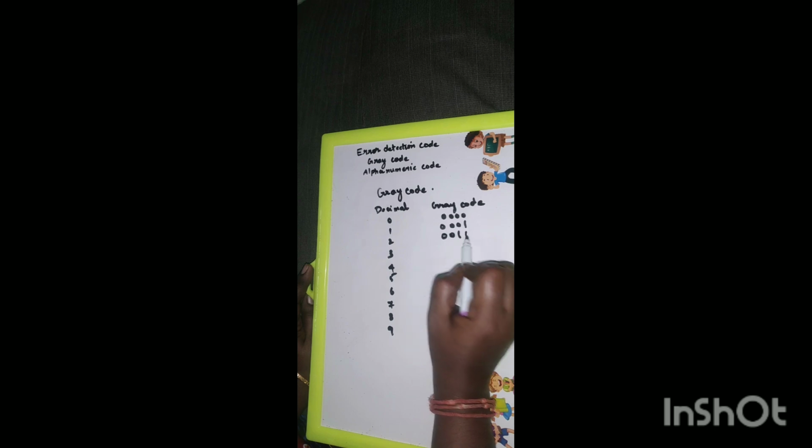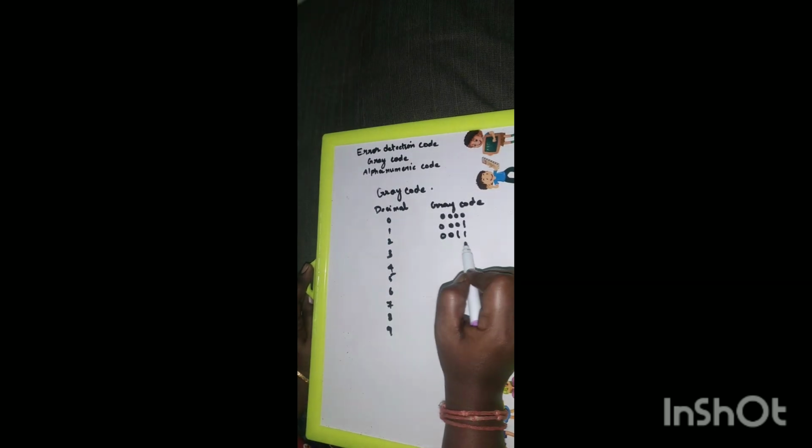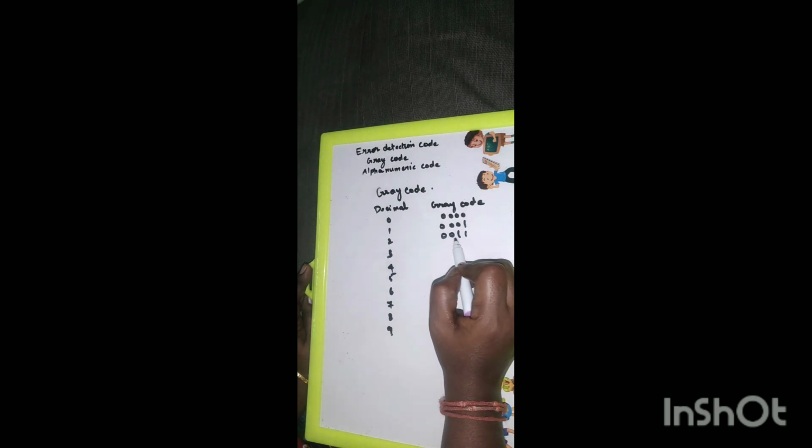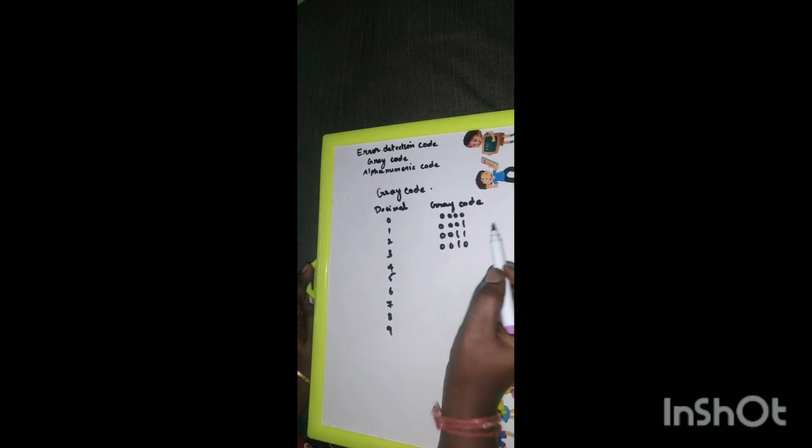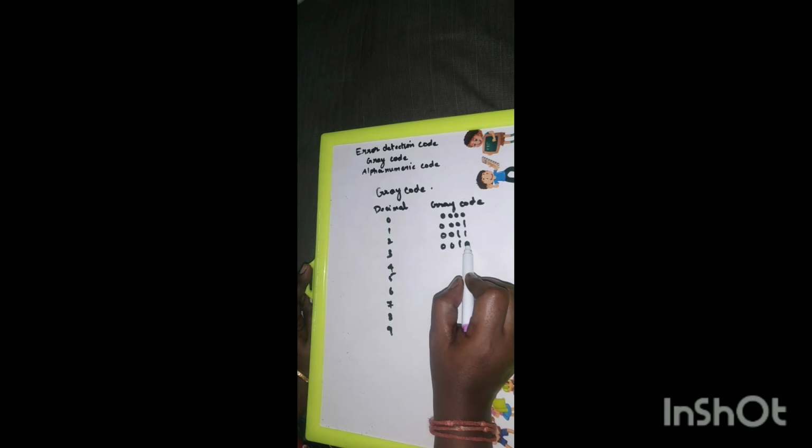0 0 1 1. For 3, if we change the least bit from 1 to 0, it becomes 0 0 1 0. So it is a new gray code. We can take it as the gray code for 3. For 4, if we change this 0 to 1, it becomes 0 0 1 1.